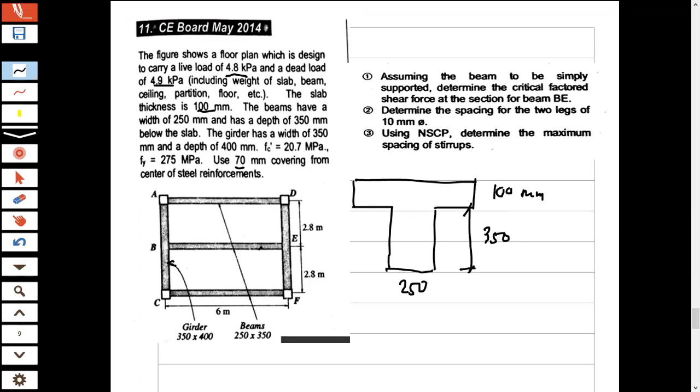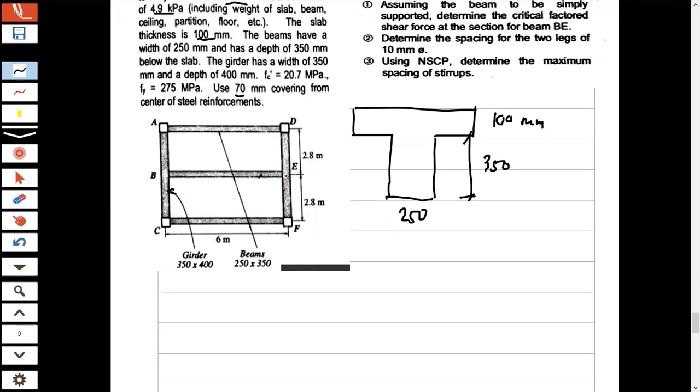Determine the critical factored shear force at the section for beam BE. So this one is simply supported. Ano? Simply supported siya. So anong i-carry nito? You're going to carry, actually may sa design ng slab, pag ganun tayo, no? Ganon. Okay?